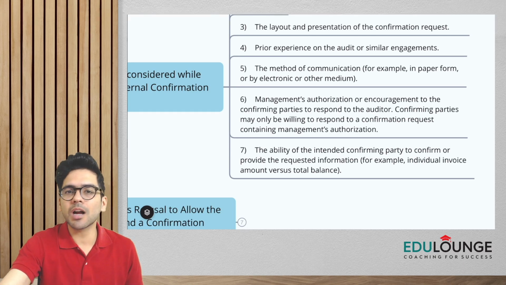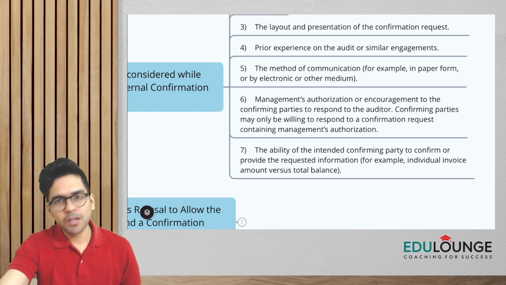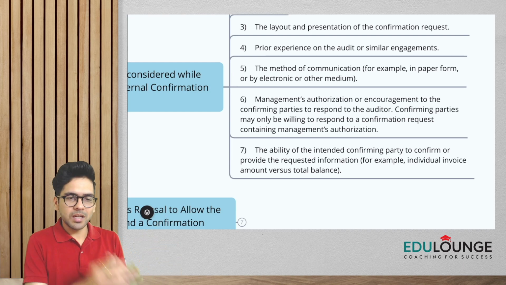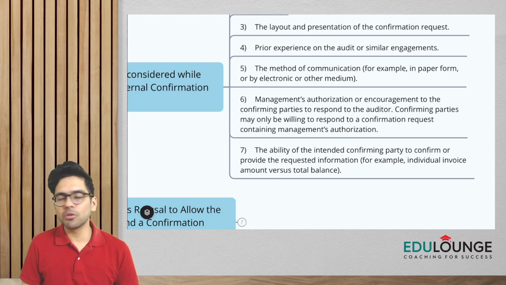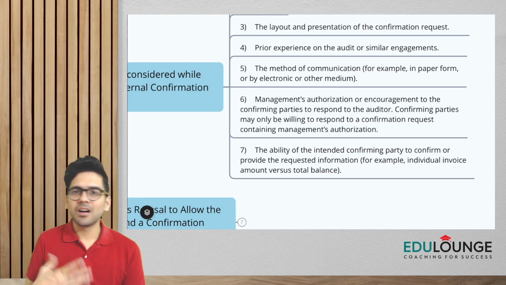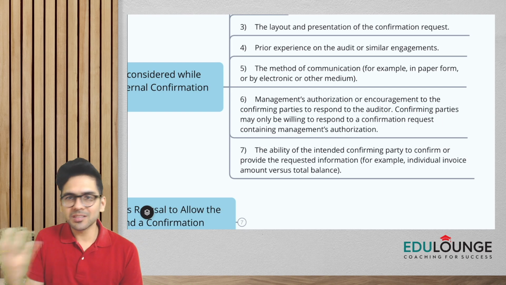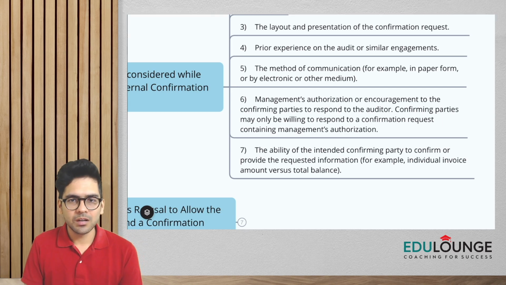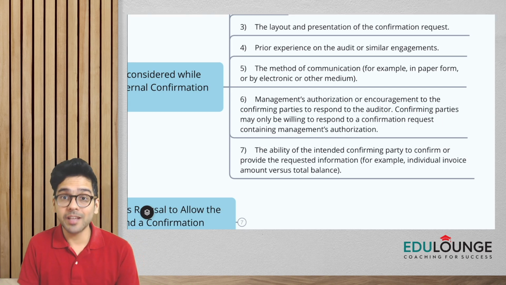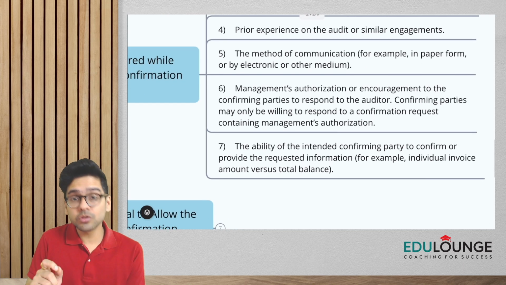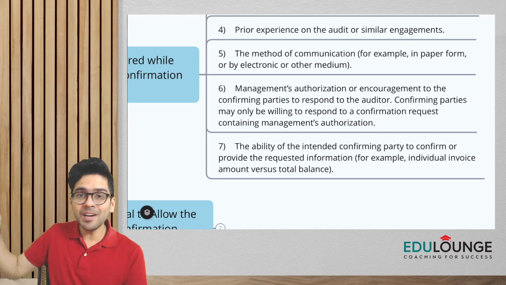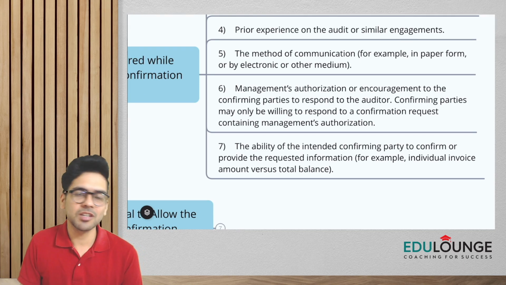He maintains only accounts manually, and whatever sales he has done, he will just put one figure towards the end of the month. This is how he keeps his account. So in that case, asking him for a very specific detail would perhaps not be a good idea. So when you are making a confirmation request, you also have to consider whether the intended party will be able to provide you with such information or not.